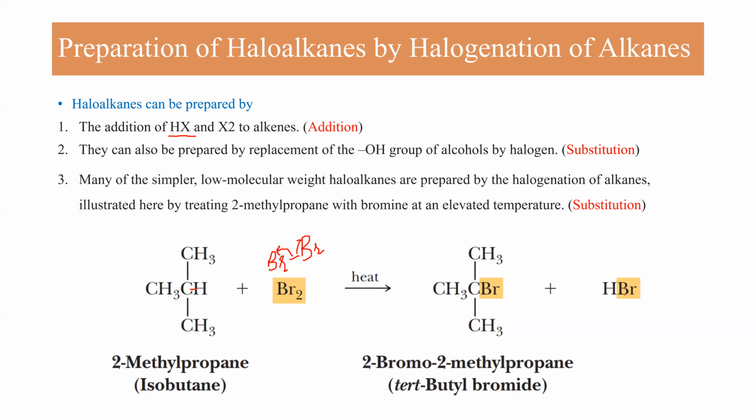So again, if we have the alkane, we can treat it with the HBr, so that bromine will get attached to that one, and H will be taken up with that, depending on what molecule you are treating as a starting material.